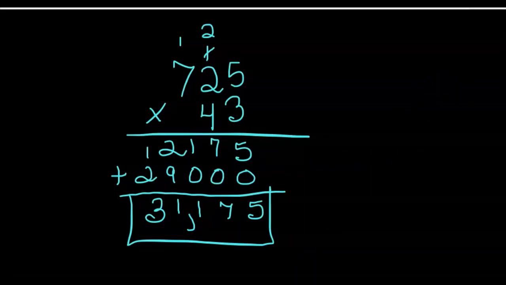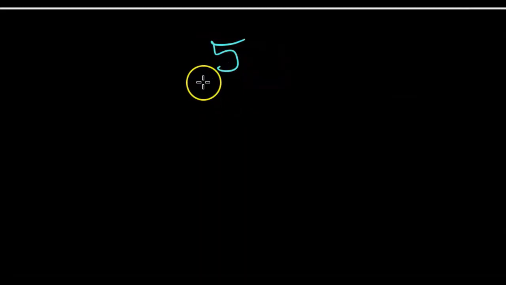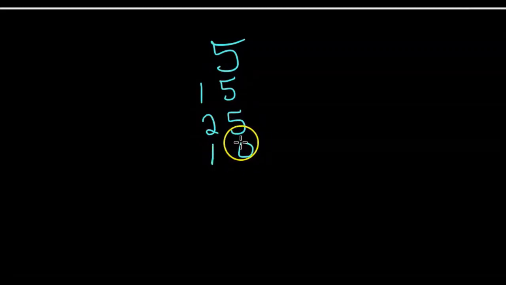Now, 5. 5 is averaging. So let's take a look at an example there just to refresh our memory again on those. All right, so let's say that we had 5, 15, 25, 10, and another 15.